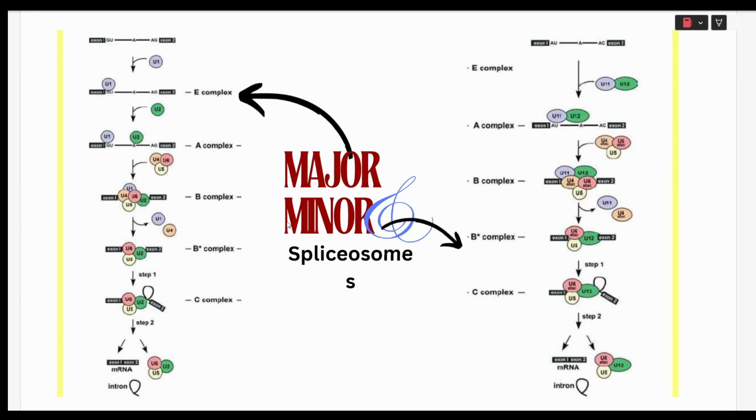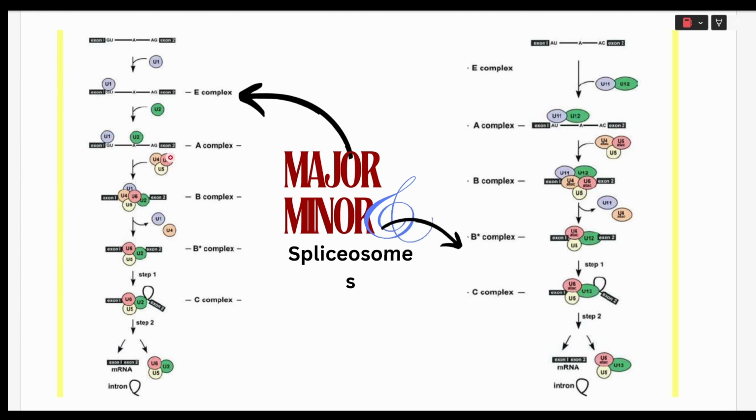For the minor spliceosome, again, the complexes are the same: the E early complex, A, B, and C. But if you just pause this video and take a close look, you will see something else. For example, here we have U1, on this end you will have U11. Here we have U2, here you will have U12.